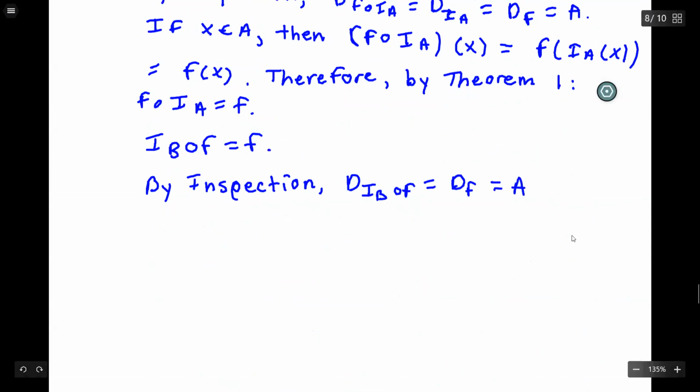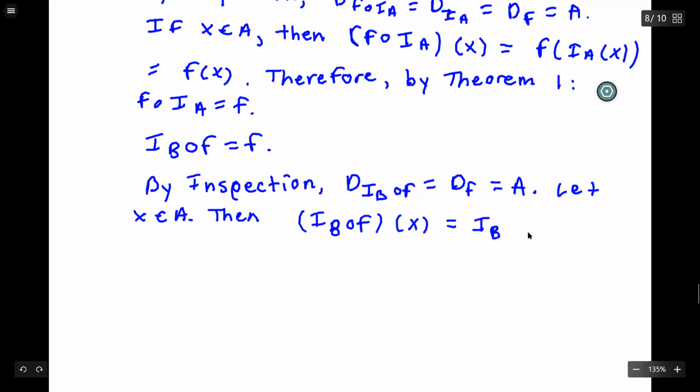So now I'm going to say, let x be in A. Then the composition evaluated at x is equal to I sub B of f of x.